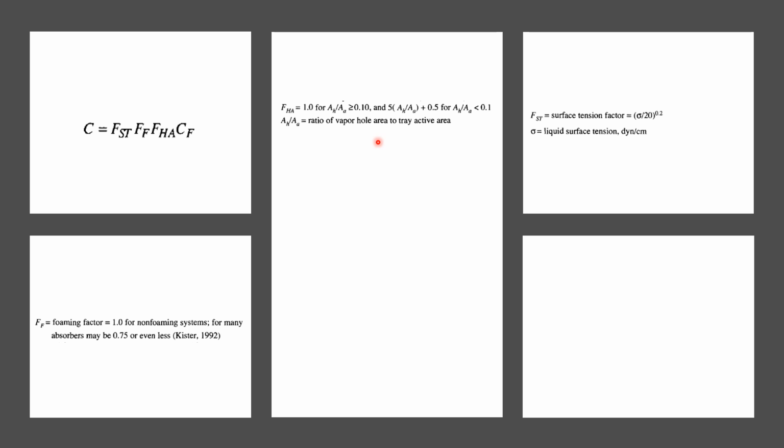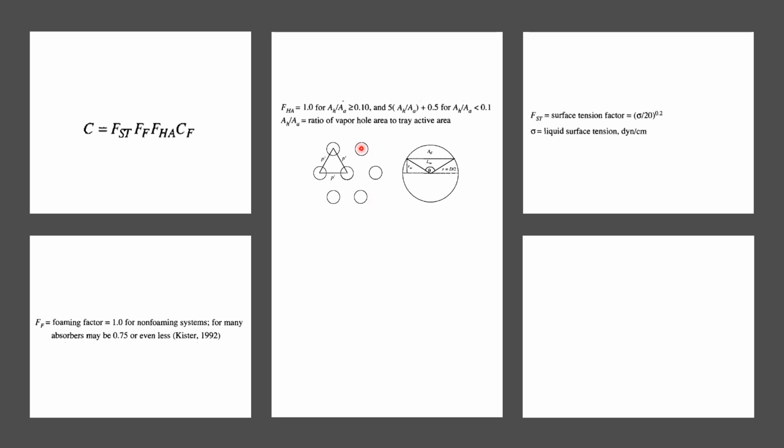We can determine the value of AH over AA by considering the arrangement of the holes on those trays. There can be different arrangements: an equilateral triangular arrangement, a square arrangement, a diamond shape arrangement, and so on.